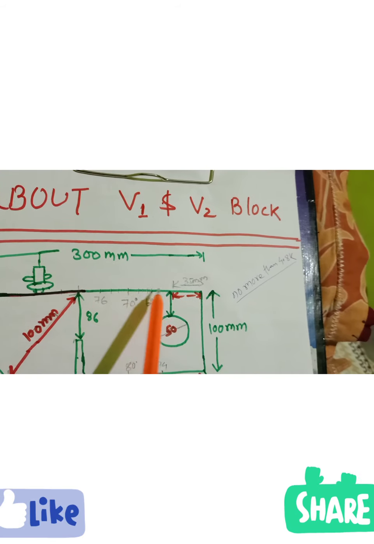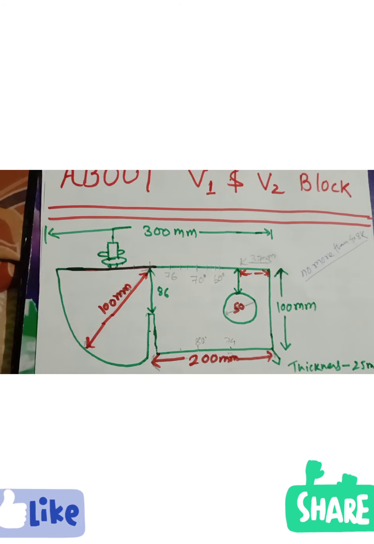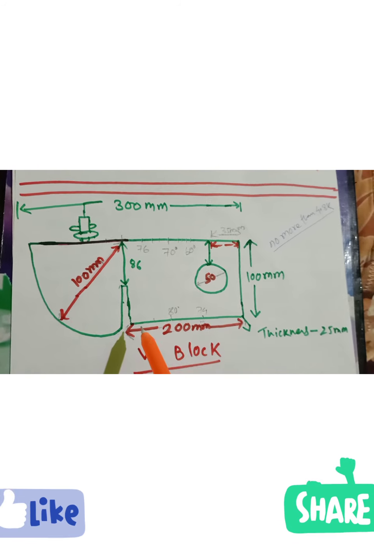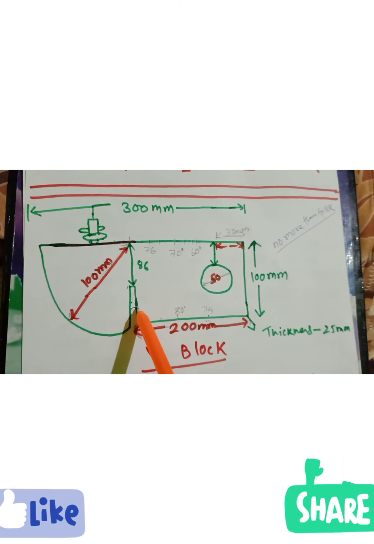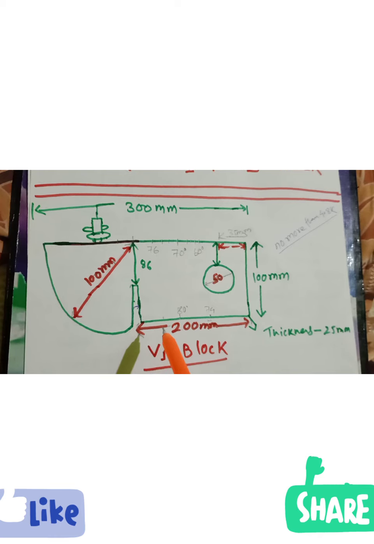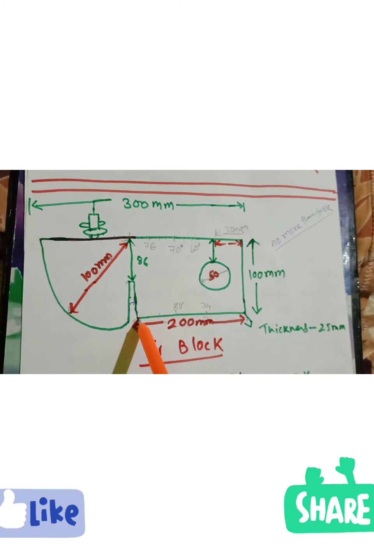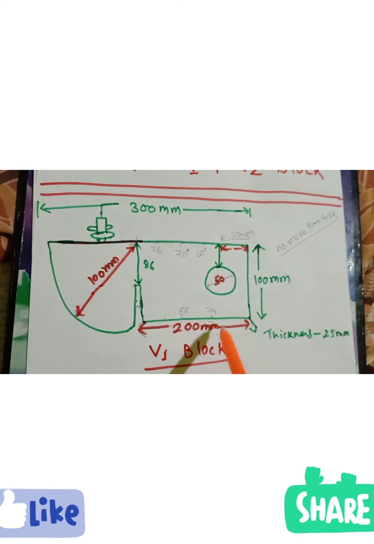The total length of the B1 block is 300 mm, and this is a groove. This is the groove in the V1 block. From groove to end point, from this point to this point, it is 200 mm.